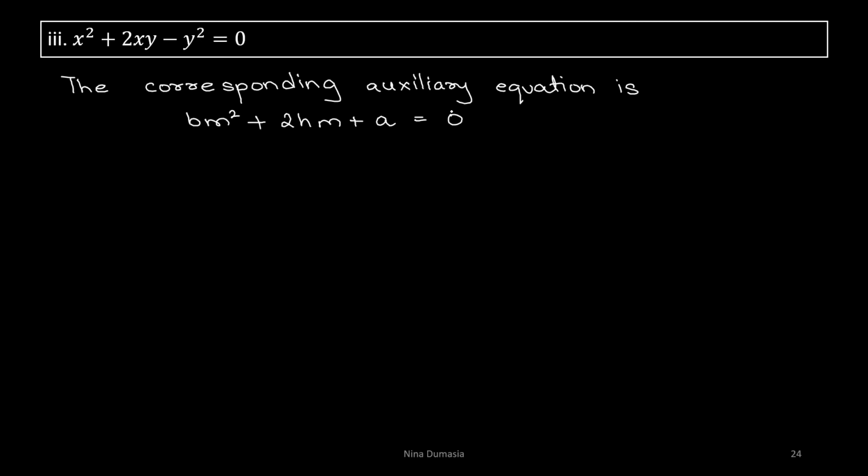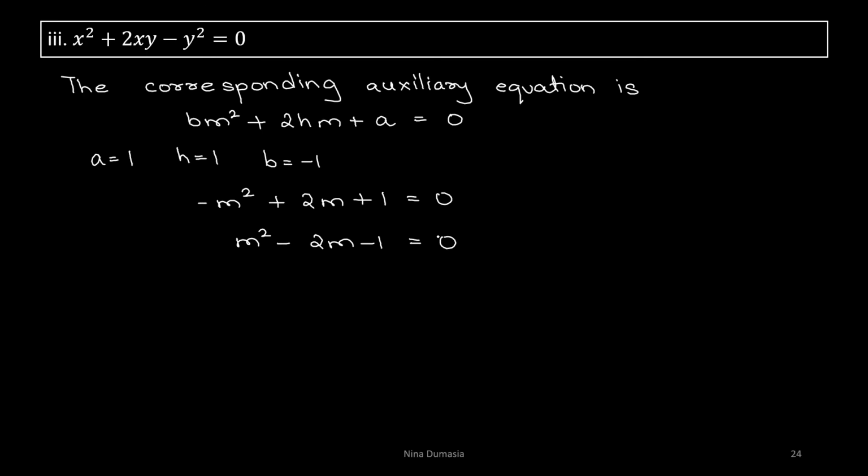For this we need the values of a, b and h. If I compare over here, I get that a is equal to 1. I get h is also equal to 1 because 2h is 2, and b is equal to minus 1. On substituting, we get minus m square plus 2m plus 1 is equal to 0. Therefore, m square minus 2m minus 1 is equal to 0.